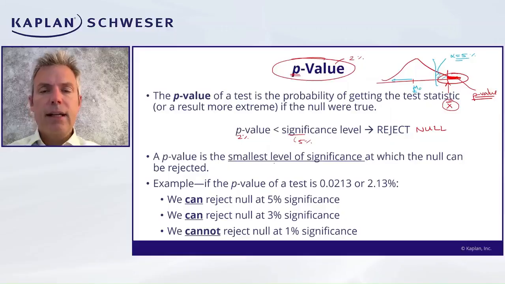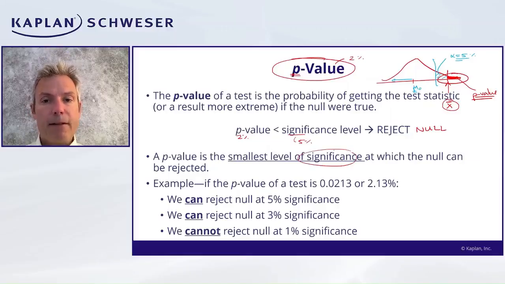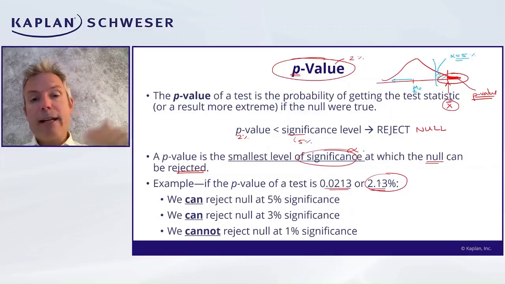A less helpful definition of p-value is that it's the smallest level of significance, alpha, at which the null can be rejected given our sample. So if we did get a p-value of, we'll go with 2.13%, I think that's the area outside of what we observed. Well, if alpha's greater than that, say 5%, we would reject, wouldn't we? Because we're in the tail.